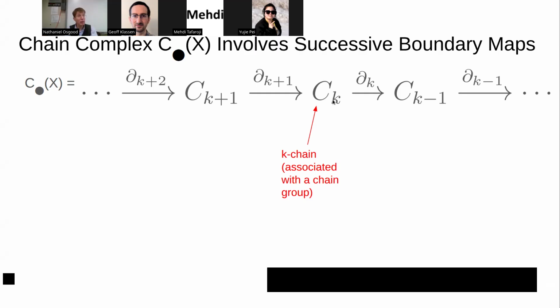Remember that as coefficients? And equally well, each of these is associated with a vector space, where the dimension of the vector space is the number of k simplices. So for dimension k, the dimension of that vector space is given by the size of the basis set, which is the number of k simplices.